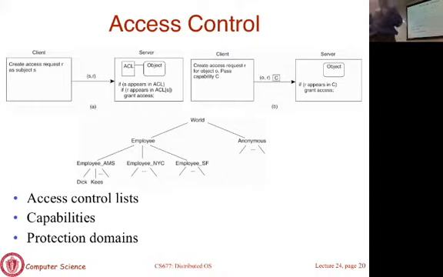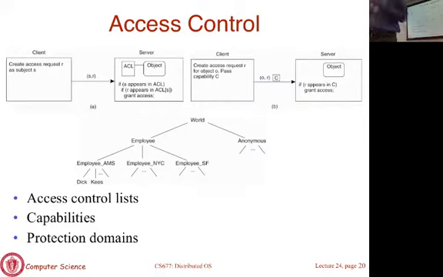You can say this user can read, write, execute, this user can only read. So whenever a user, after authentication, wants to perform a certain operation, that operation has to be checked against the access control list. And only if that user has the right privileges will you allow that operation to proceed. So one way to decide who gets to do what is to have access control lists that are attached to resources.